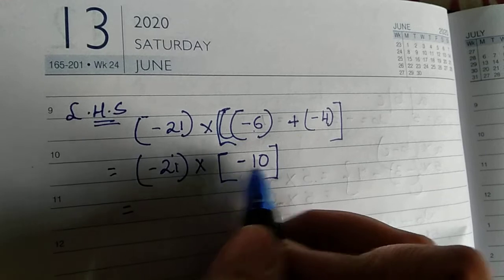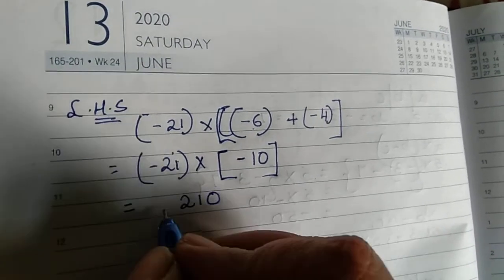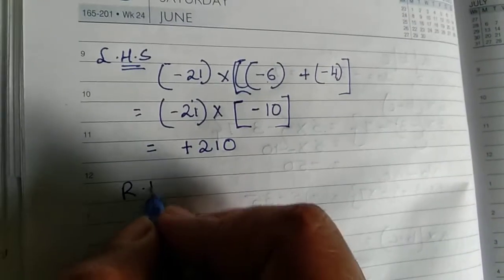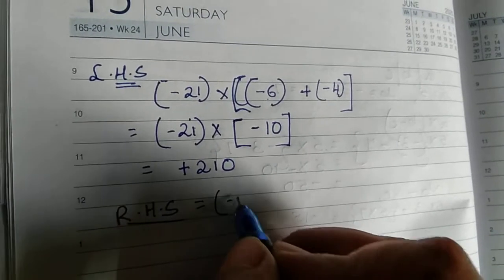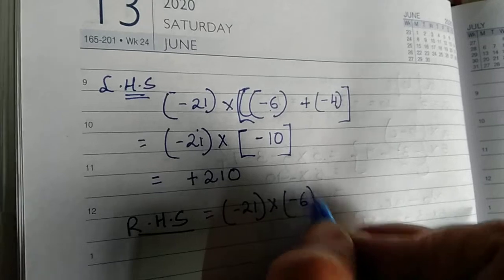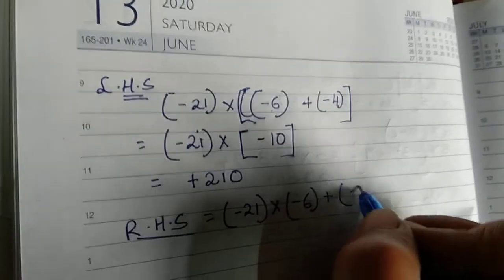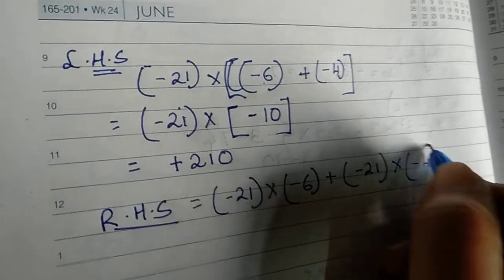I will multiply this as natural numbers. So I will get 210, but the sign will be positive. What do we have in the right hand side? I have minus 21 into minus 6 plus minus 21 into minus 4.